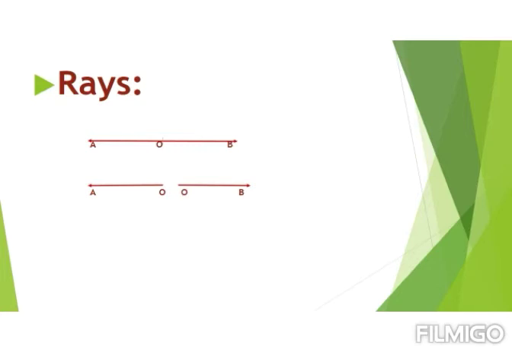Here O is the origin point and A is the arrowhead from where we can extend the line. Same way, in the other ray, O is the origin point and B is the arrowhead from where we can extend the line. So we can write the name of the rays as ray OA, ray OB.